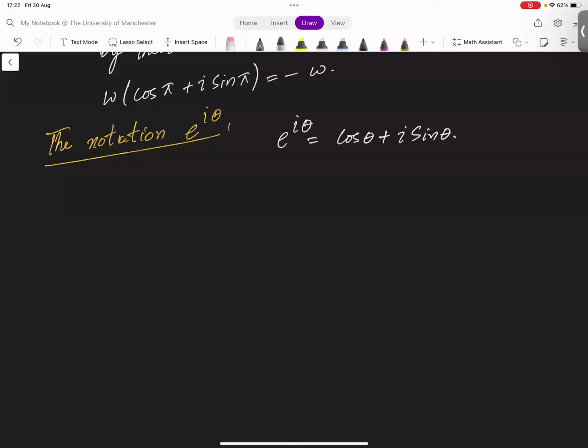This equation turns out to be very significant when e^{iθ} is regarded as an exponential function, but for now it is simply the definition of the symbol e^{iθ}.